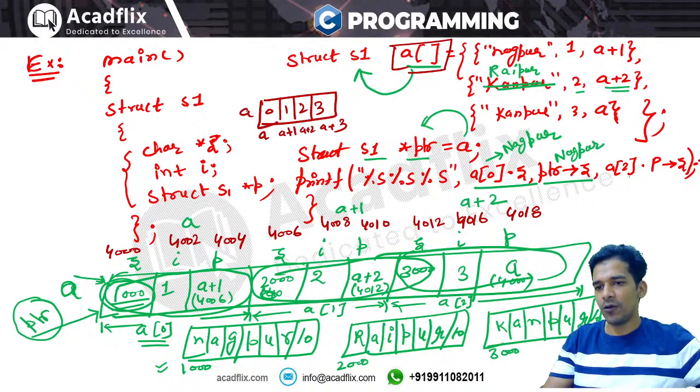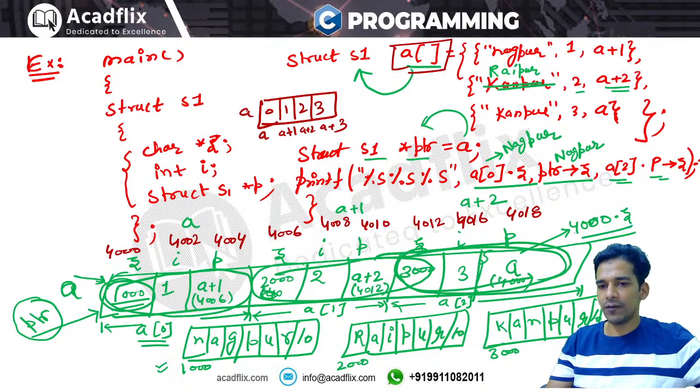Then it is saying go to a2. A2 is this structure. Then in this structure access the member p. This is having the address 4000. So p is pointing to the structure A, right? It is saying go to the address 4000 and access the member z.